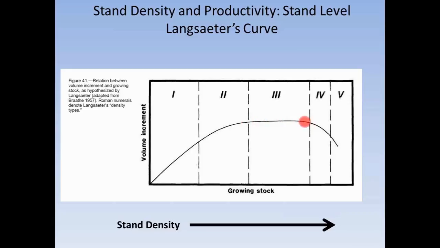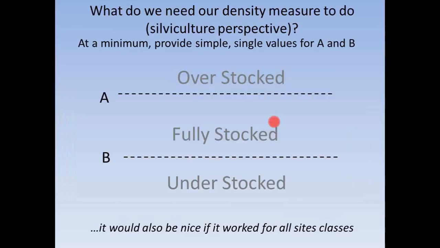So there's some range of stand density where we can manage and get about the same volume increment per acre for the stand. But this curve actually has a decrease in volume increment at very high densities. And again, these are some kind of uncharted waters in terms of what really happens in this range.